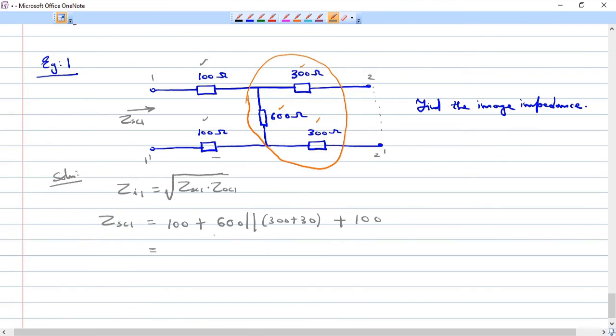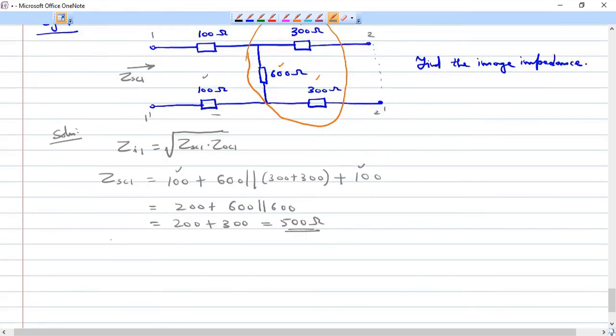So we add these hundreds, we have 200 plus 600 parallel with 300. So that is 200 plus 300, which is equal to 500 ohm.